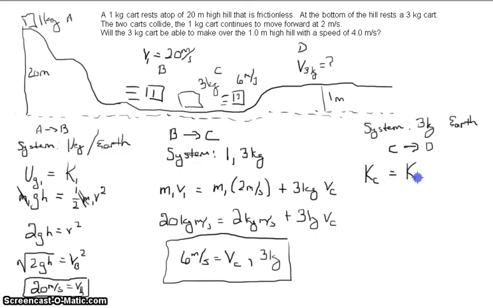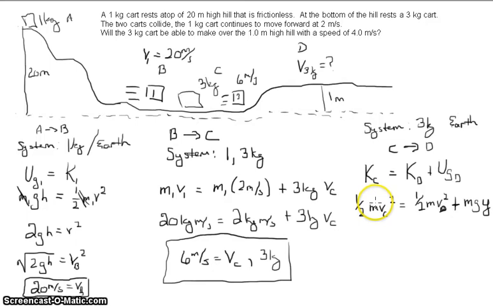This will equal the kinetic energy at D plus any gravitational potential energy at D. So we have 1/2 times the 3 kilogram mass times the velocity at C squared is equal to 1/2 mass times the velocity at D squared plus the gravitational potential energy at D, which would be mgy in this case. Sorry if I use h, it's a bad habit. H is still the height if I go all the way back to A to B.